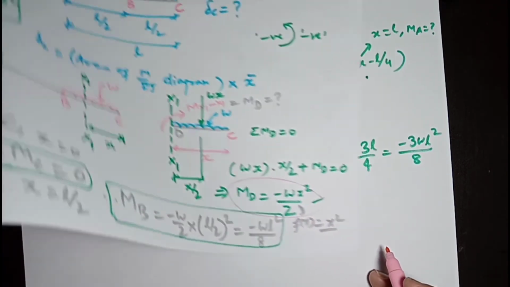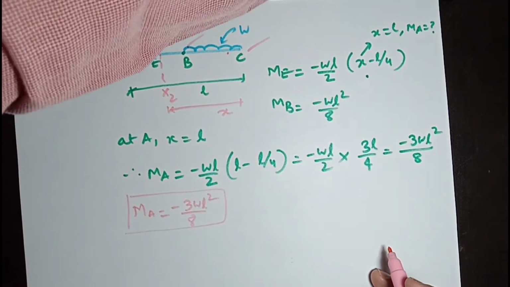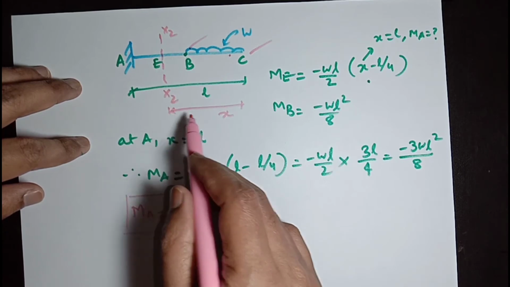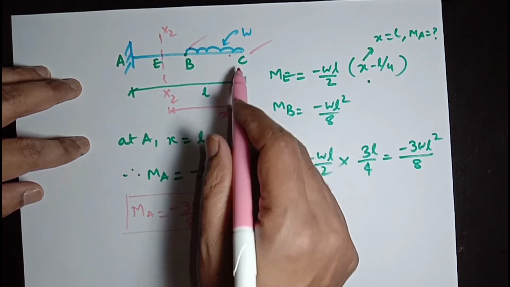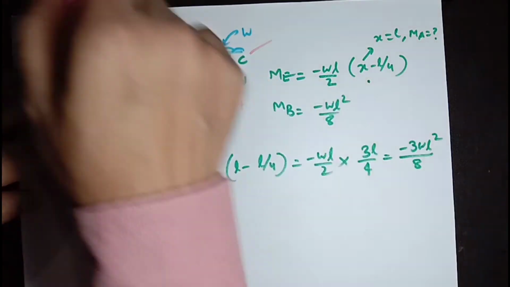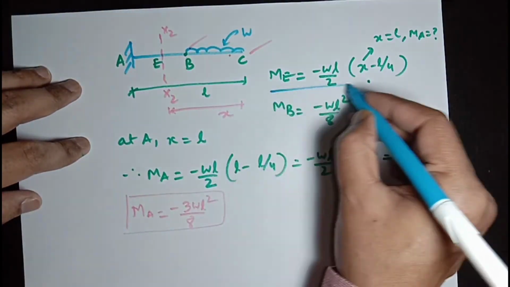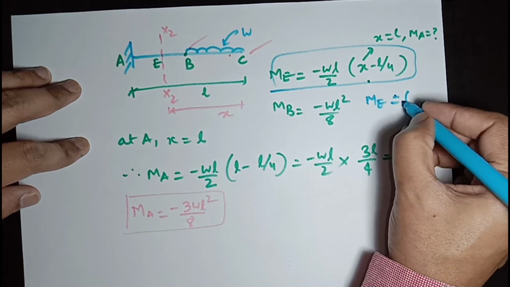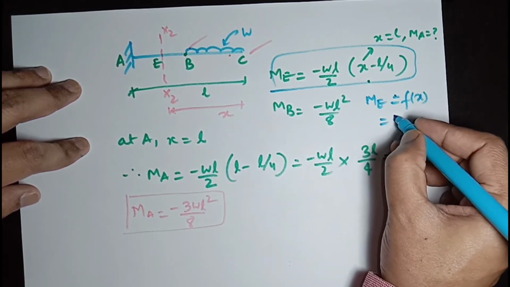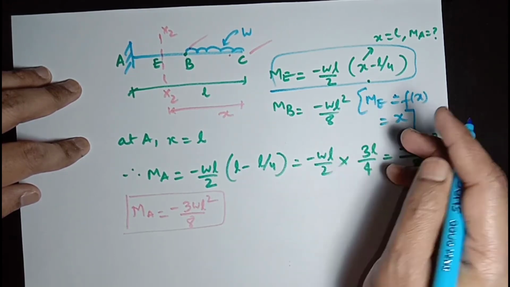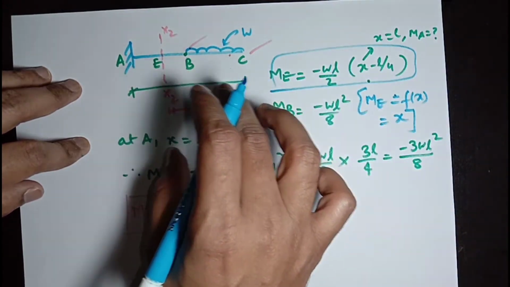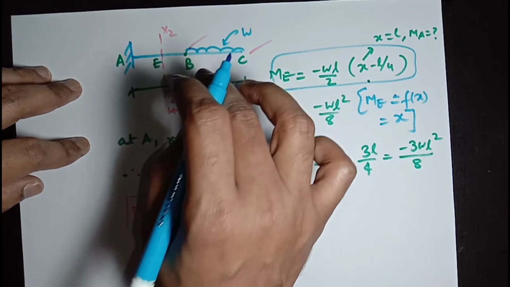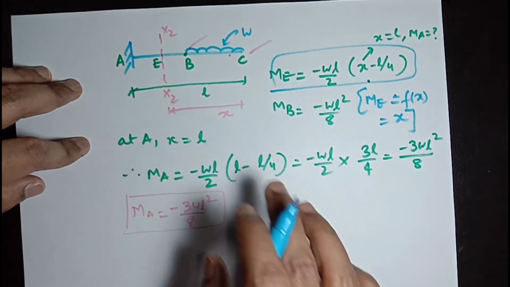So it's a parabolic curve, and from B to A, as I have taken a general section x2 at a distance of x from point C, I have found the general expression for this is this one, and here MA is a function of x, so it's linear. So from C to B, the bending moment curve will be a parabolic curve, and from B to A it will be a linear curve.